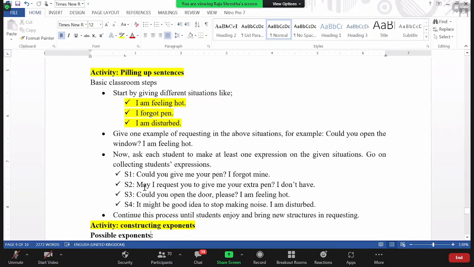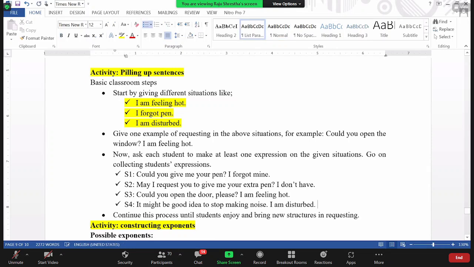Student 1 says this. Student 2 says, may I request you to give me your extra pen, I don't have one today. Student 3, could you open the door please, I'm feeling hot. Student 4, it might be a good idea to stop making noise, I'm disturbed.